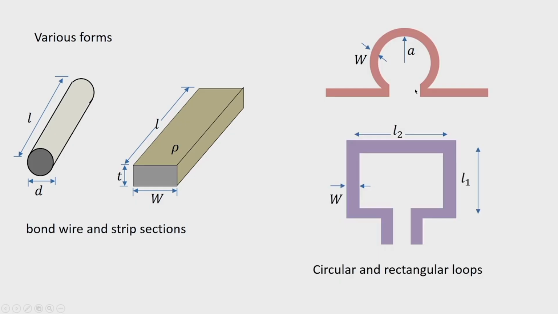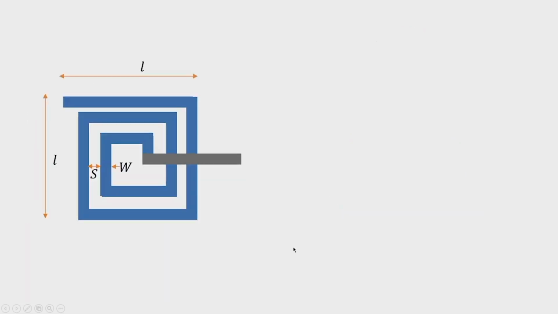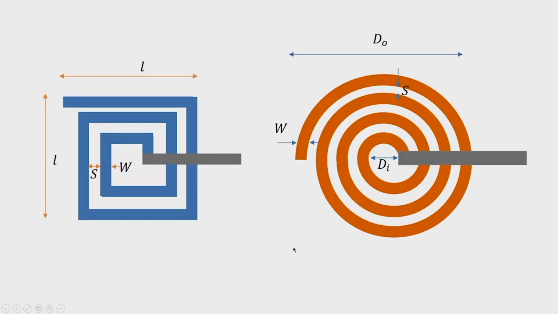So, inductors are also realized using loops, either circular loops or rectangular loops. Another very popular realization of inductance is using spirals.